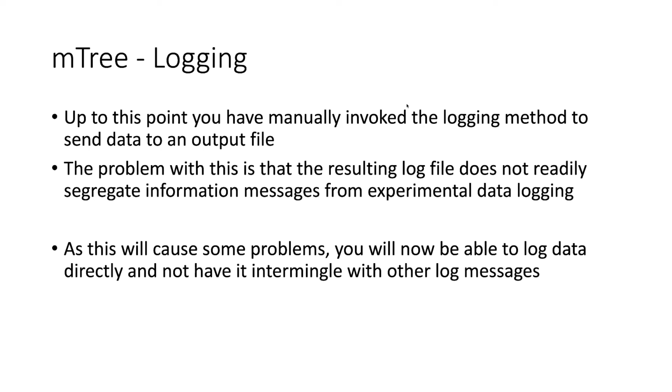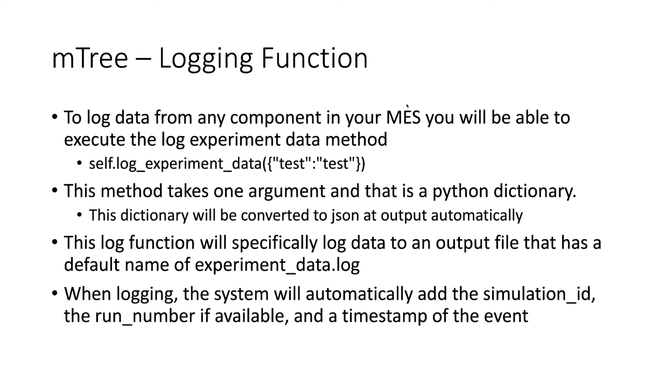So we have that. The key difference that you'll start to see once you download the new version is you'll be able to execute the log experiment data method just by using self.log_experiment_data followed by an argument. And you'll be able to do this from any component inside of your MES. The argument that it has is just a Python dictionary, so it will be converted to JSON at output.